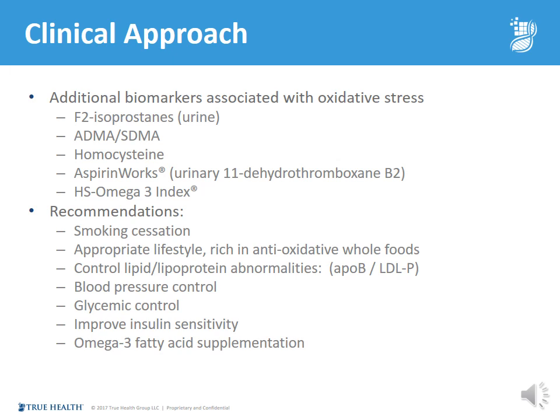Homocysteine is very much present in oxidative processes. The AspirinWorks test measures pathways of COX-1 and COX-2, urinary 11-dehydrothromboxane B2, and that is often associated with oxidative processes. And of course, having a deficiency of omega-3 molecules in the phospholipids of your cell membranes is associated with many ill health situations, including a propensity towards oxidation.